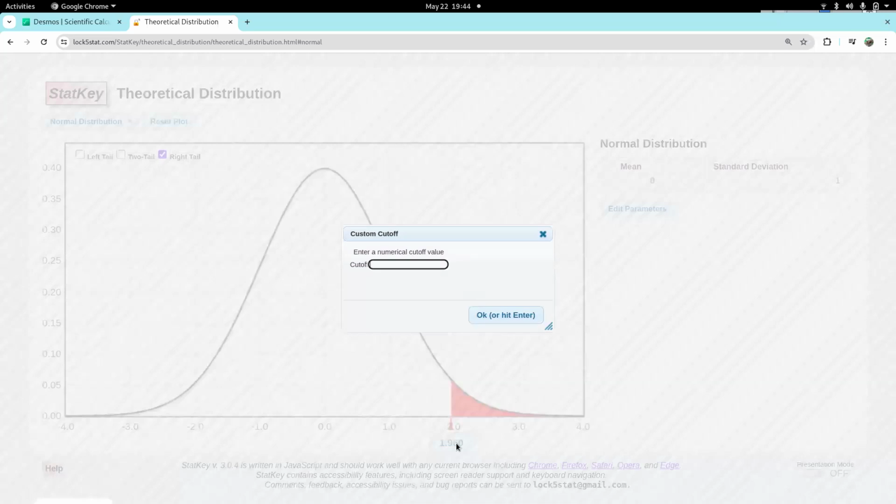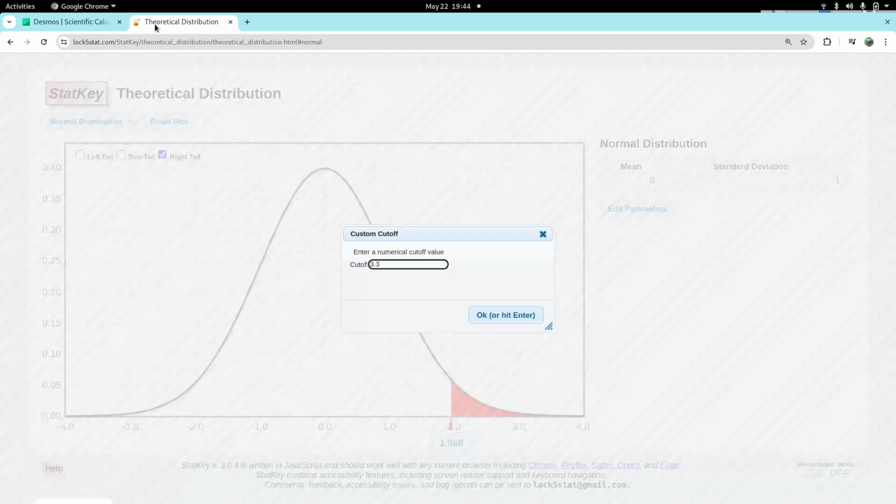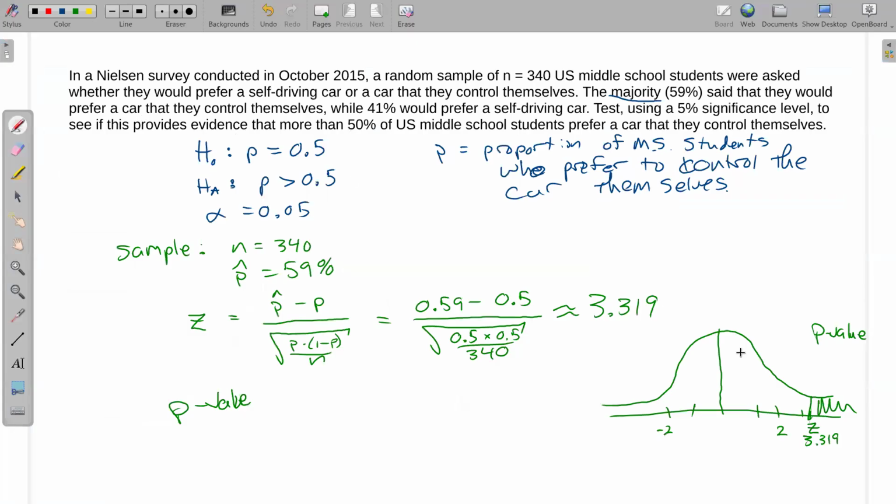Then we enter our z-score: 3.319. In this case, I got a p-value of 0.00045, pretty little. So that's how we calculate the p-value.